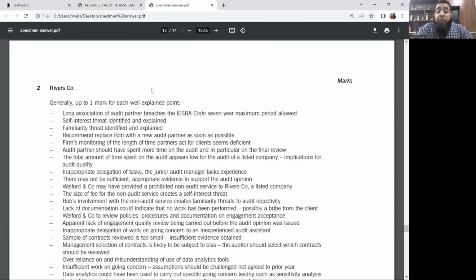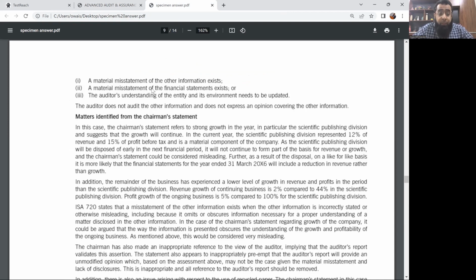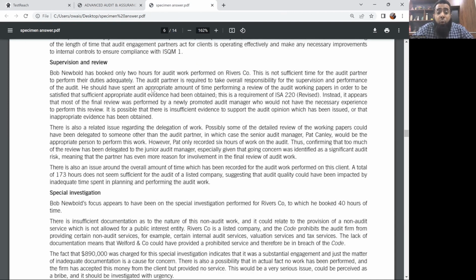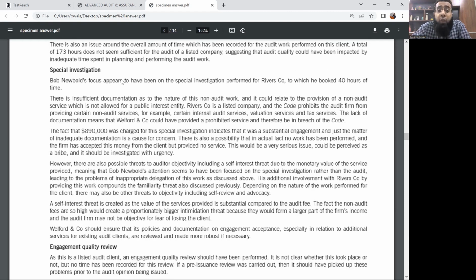Now let's look at the specimen answer of the examiner, how much the examiner wrote on this special investigation. Just look: Bob Newbold's focus appears to have been on special investigation on which he booked 40 hours. Insufficient documentation as to the nature of the audit work, and it could relate to provision of non-audit services which is not allowed for a listed entity.